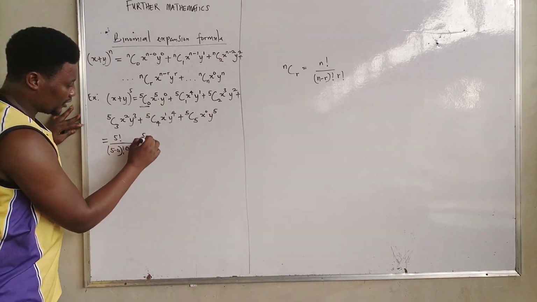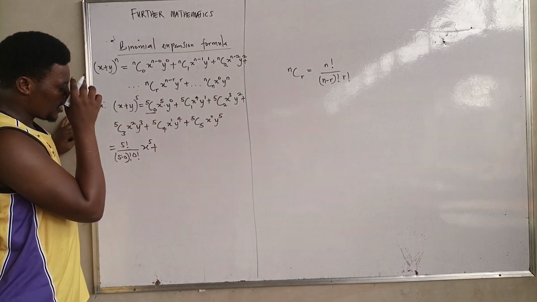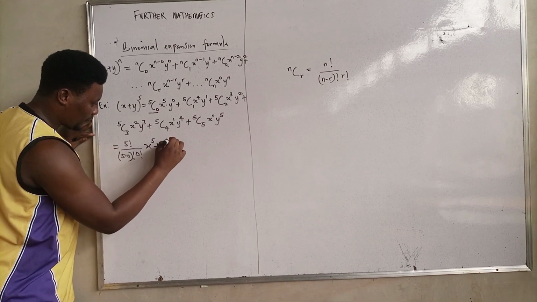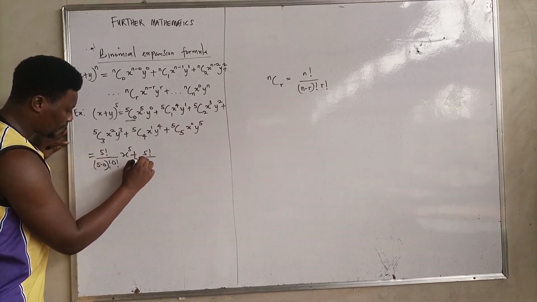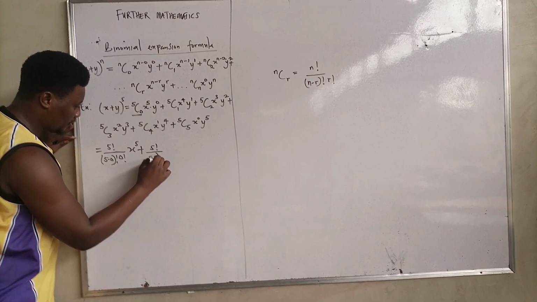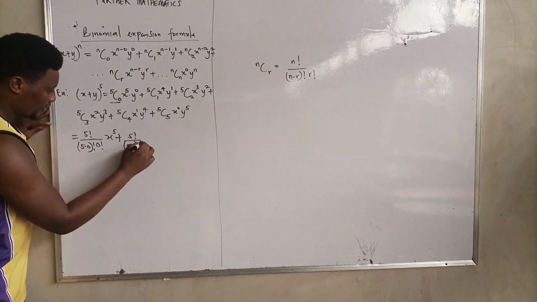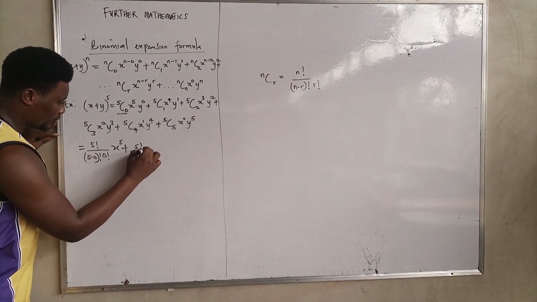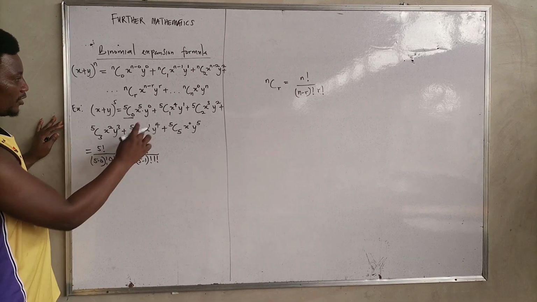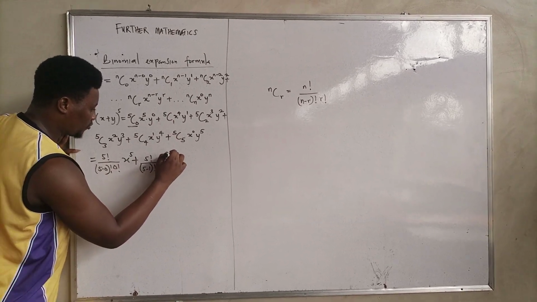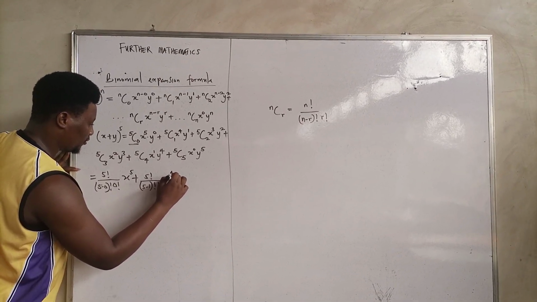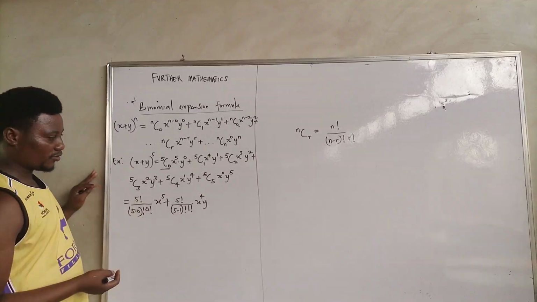So we move to the next term. Plus 5 combination 1. From our formula, that is 5 factorial over (5 minus 1) factorial times 1 factorial. What are the terms? We have x raised to power 4 and y raised to power 1, which is y.